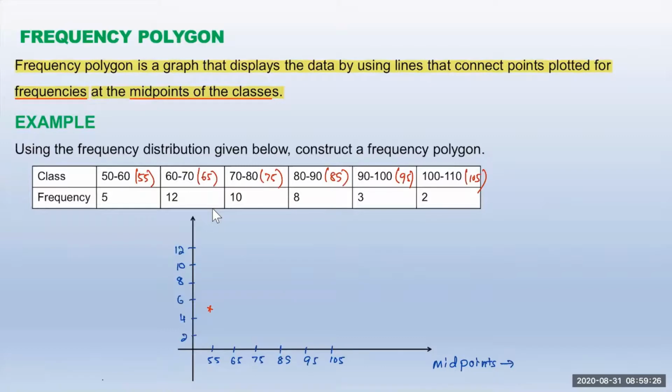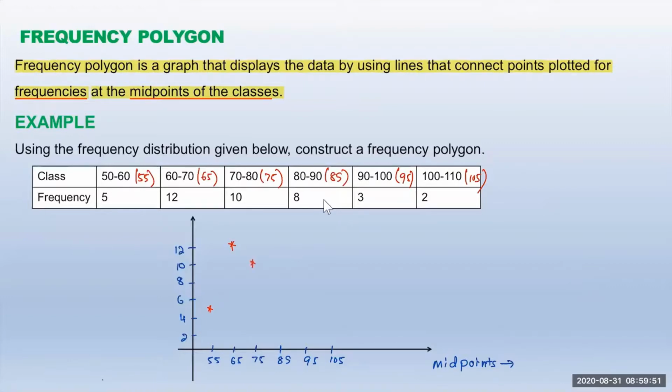The next one, we have 75 and 10. When the midpoint is 75, the frequency is 10, up there. So 75 and 10 is this one.